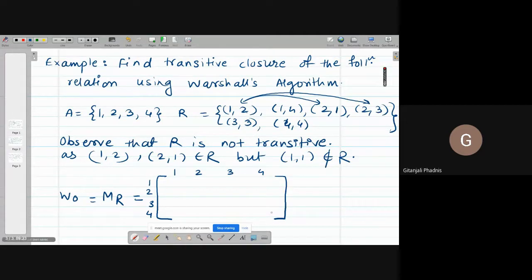So can you tell me the matrix of the relation? Ma'am, the first row will be 0 1 0 1, then 1 0 1 0, then 0 0 1 0, then 0 0 0 1, right? Yes, ma'am. All of you, please write it quickly.